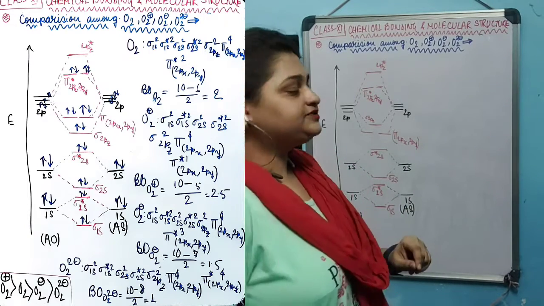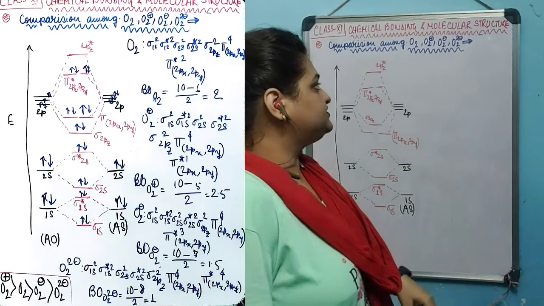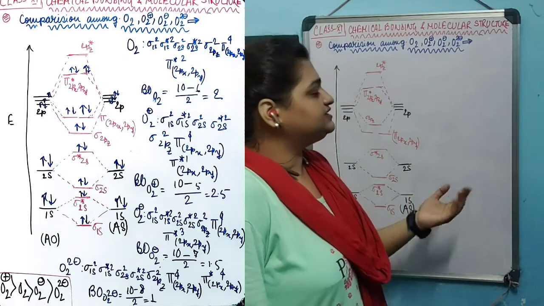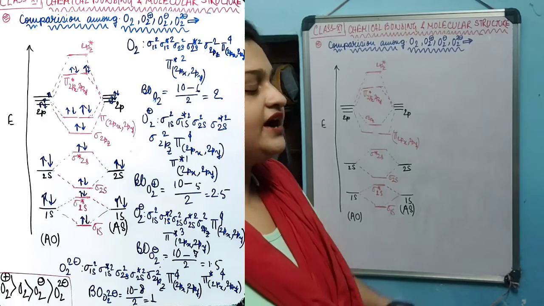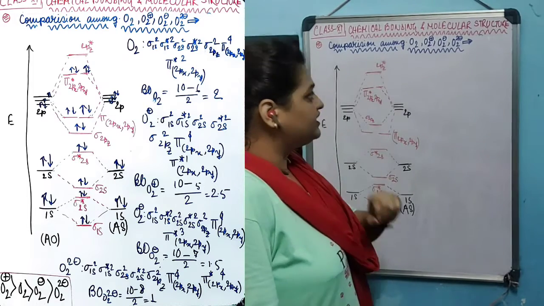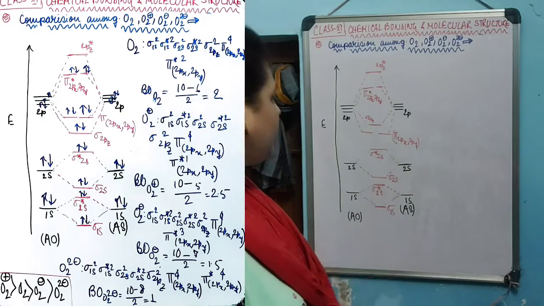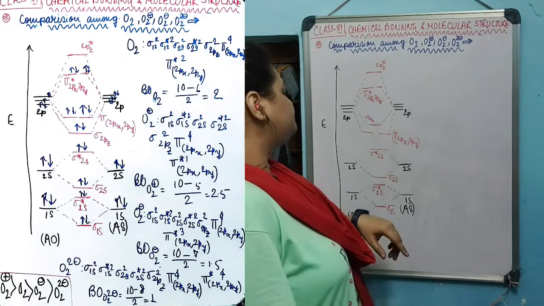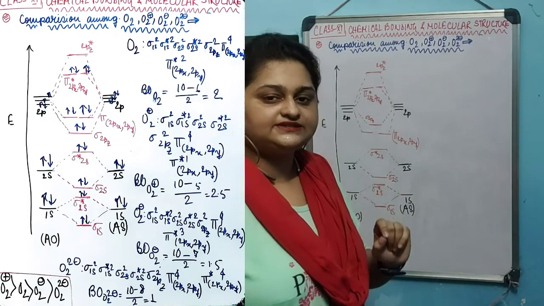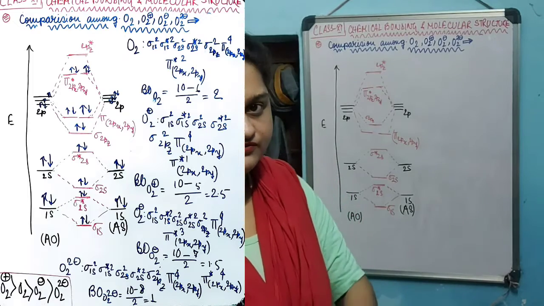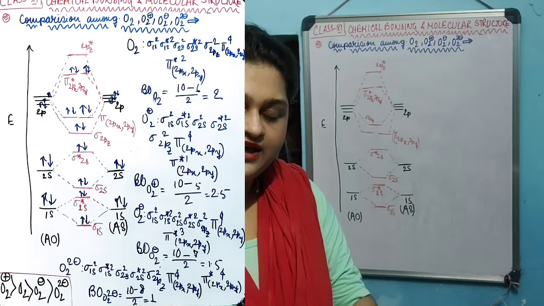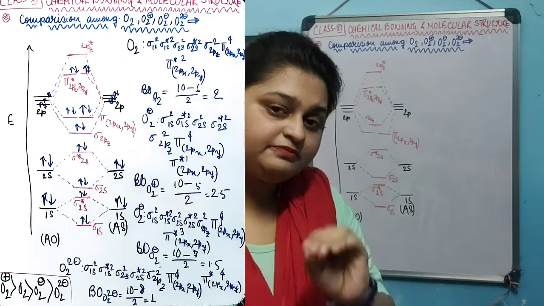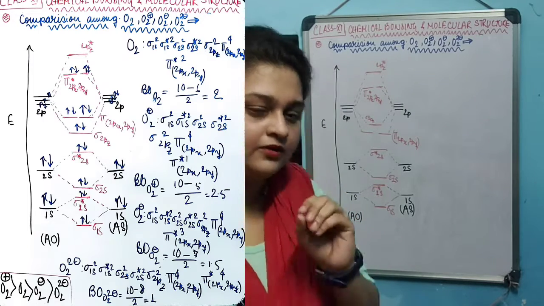In oxygen species and onward, that is, species containing more than 16 electrons, the repulsion effect coming from the sigma star 2s has been minimized considerably.